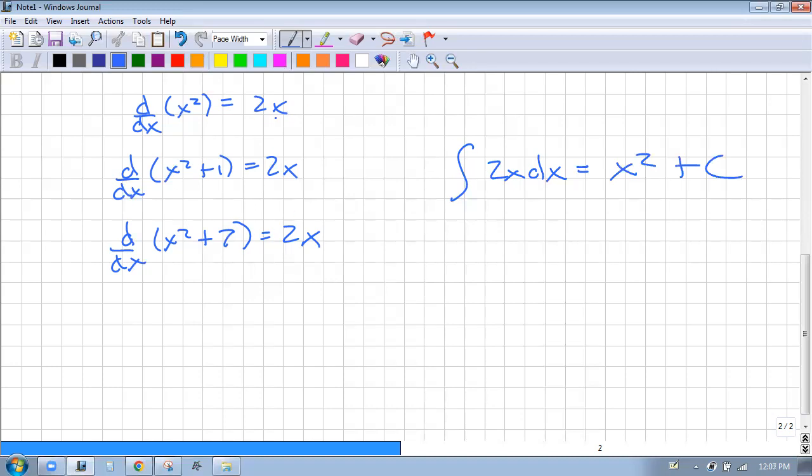What is the integral of 2x? There's an infinite number of them. X squared is one of them, x squared plus 1 is another, x squared plus 7 is another. There's an infinite number of antiderivatives, and they all differ by a constant, because the derivative of a constant is 0. So here's another piece of notation, this plus c. It's hard to remember to put the plus c every time, but you need to have it there.